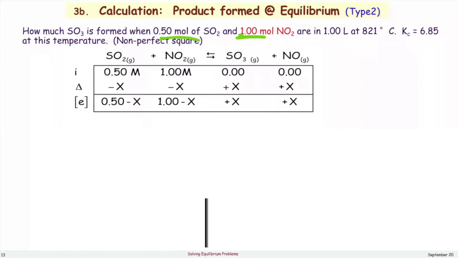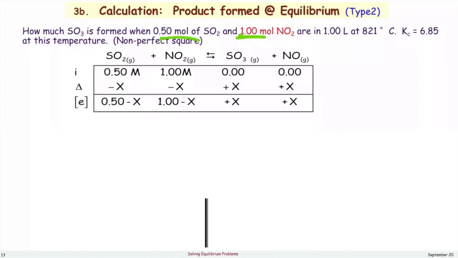Even though the quantities are not equal, it's still minus X for SO2, and it's still minus X for NO2. Don't put minus 2X just because 1 is twice that of 0.5.